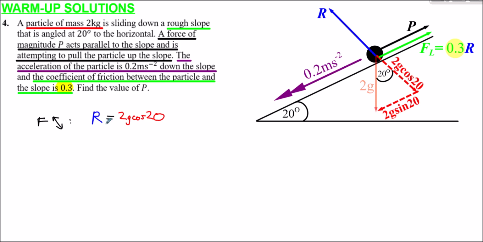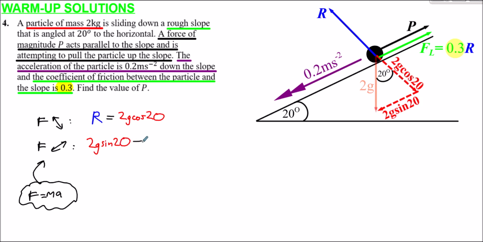Now considering forces going parallel to the slope, up and down, like so, we're now going to apply F equals ma. So over here what I'm doing is F equals ma essentially. So the resultant force will be going down the slope. So it'll be down and positive. So the forces going down parallel to the slope is just this component here, 2g sine 20. The forces or components of forces acting opposite to this direction, going up and parallel to the slope, we minus away because they're acting against this force.